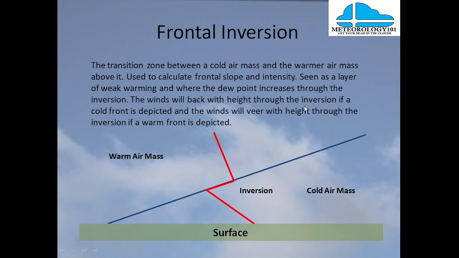The winds will back with height through the inversion if a cold front is depicted, and the winds will veer with height through an inversion if a warm front is depicted. So with warm frontal passage or cold frontal passage, your winds will either veer or back with height.